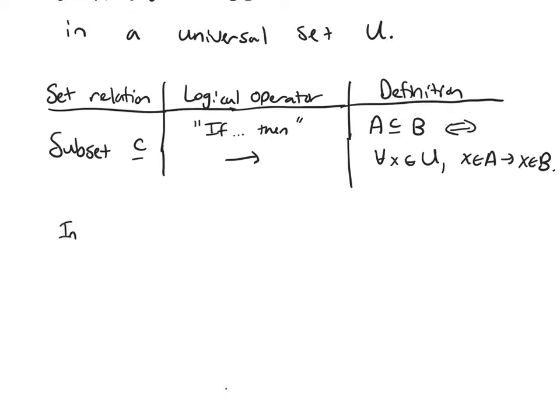Then we had intersections. The intersection, which we use that symbol for, connects to the logical operator and.